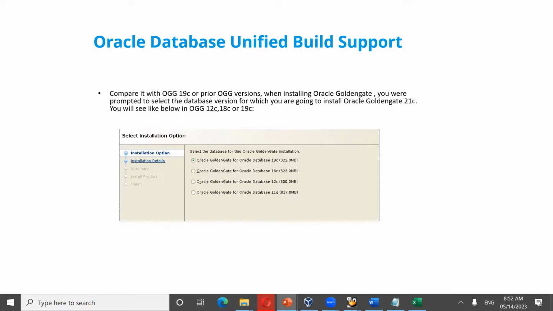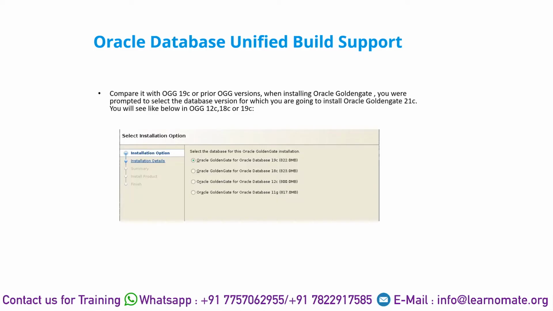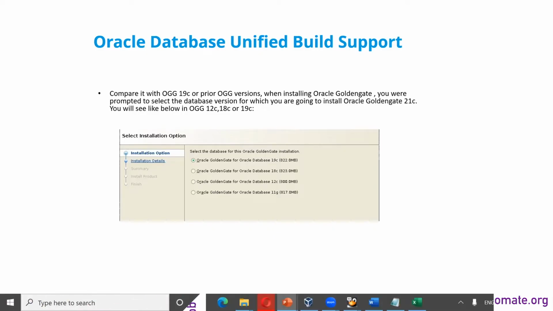So if you select the wrong database version over here, in that case your Golden Gate will not run. You must have seen in your environment or organizations as well, if you're working, that when the database is upgraded, say for example, if you're using Golden Gate version 19C or earlier, and your database is upgraded, say from 11G to 12C or any other version, you have to reinstall Oracle Golden Gate.